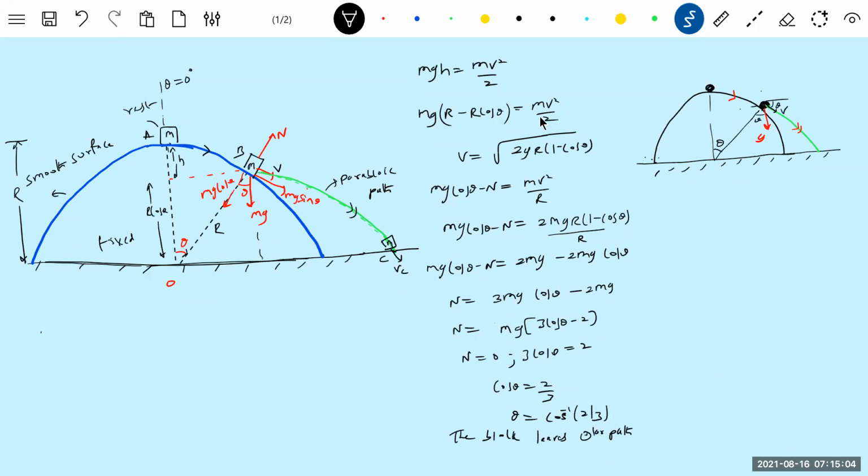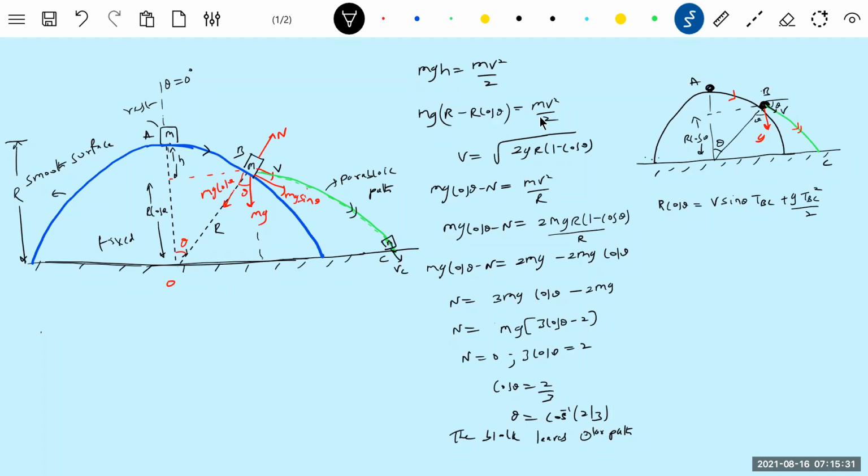Okay, what is the height? This height will be r cos theta. Shall we calculate the time taken to move from B to C? For that, the equation will be r cos theta equals v sin theta times the time taken to move from B to C, plus g tBC square by 2.